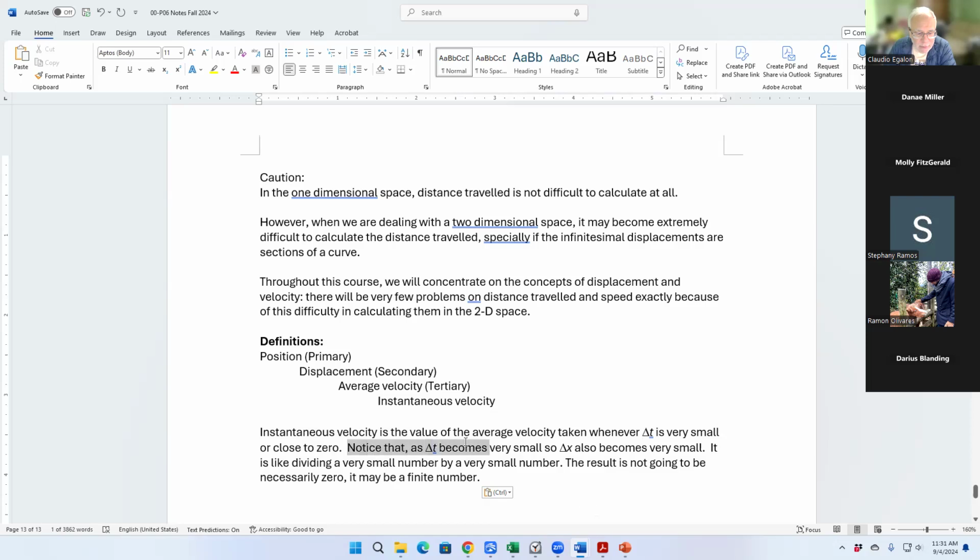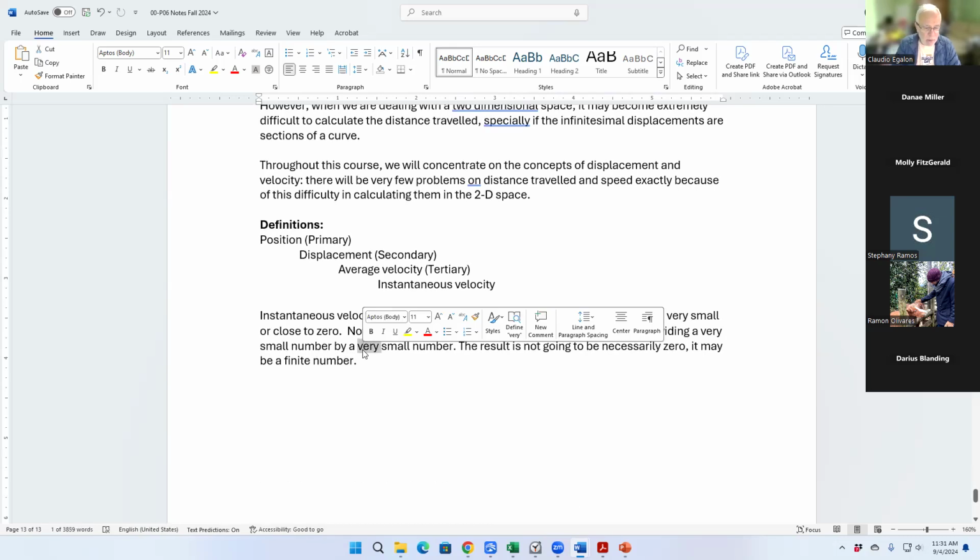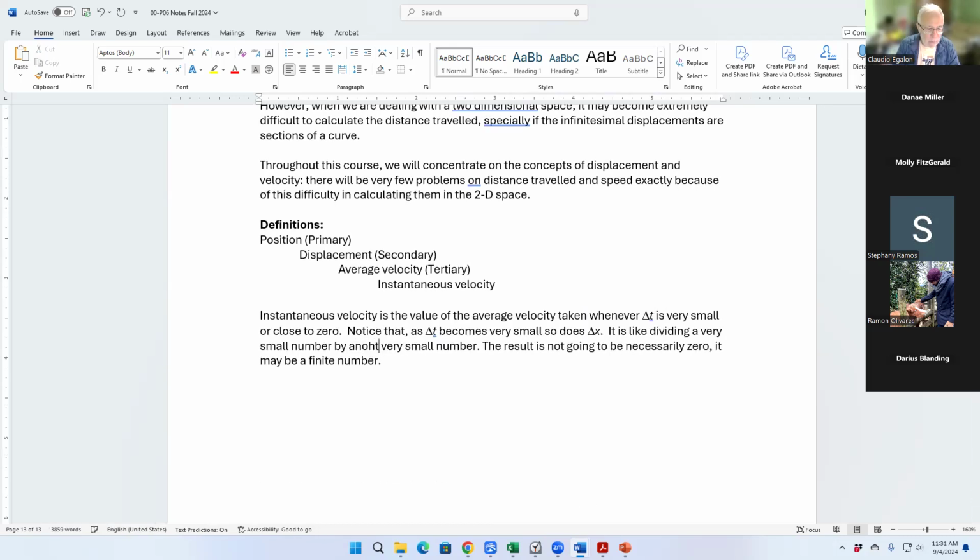So notice that as delta t becomes very small, so does delta x. It's like dividing a very small number by another very small number. The result is not necessarily 0 or infinite. Instead, it may be a finite number.